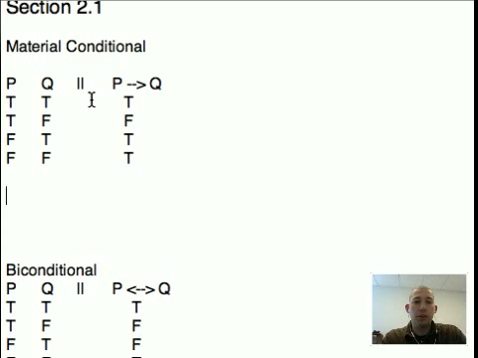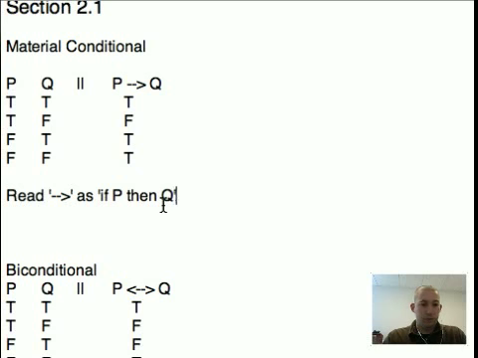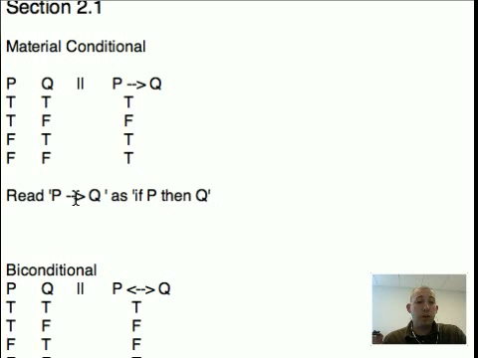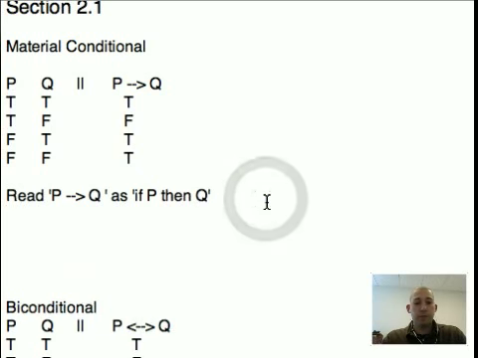In fact, when we speak about the material conditional informally, we're just going to read it as if P, then Q. Now, this is one way we might say it in English, but the material conditional is able to express some things of English better than others. So let's look at a couple examples.